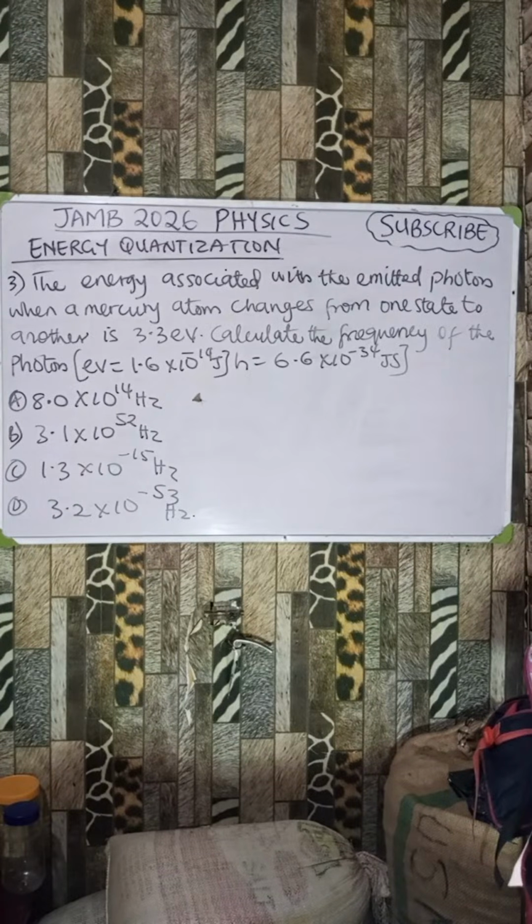And we have the Planck constant to be 6.6 times 10 raised to the power of minus 34 joules second. Okay, now what can you say about this question? Is it similar to what we did before, or is it different from what we did before? What do you think?